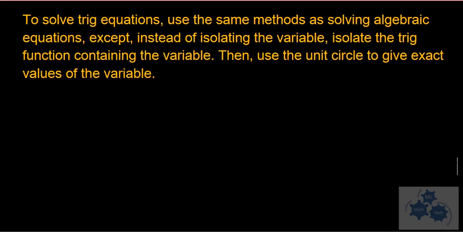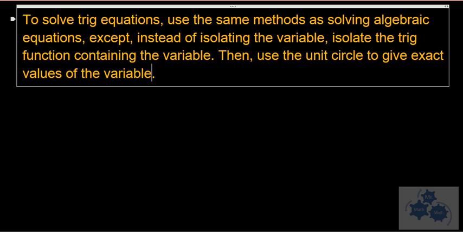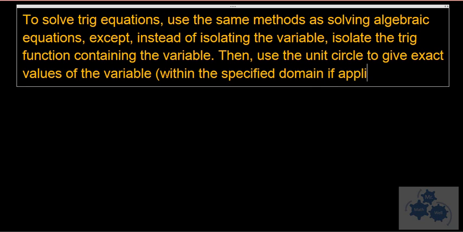Then we'll use the unit circle to give exact values of the variable, or of theta. And then we have to also take into consideration the specified domain. Now maybe put that in brackets actually. Within the specified domain, if applicable.